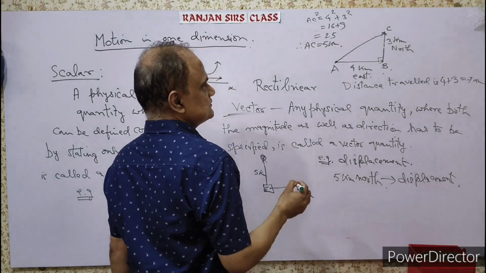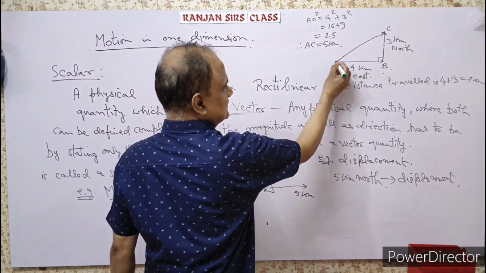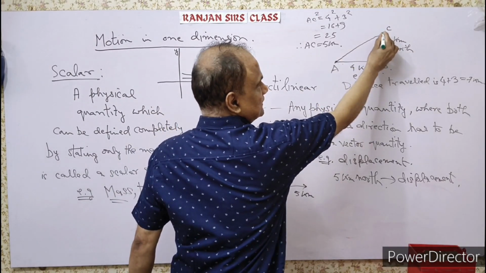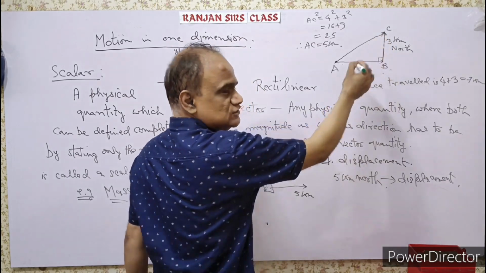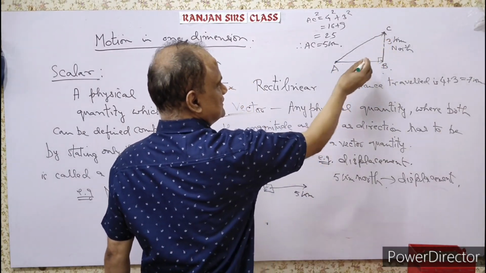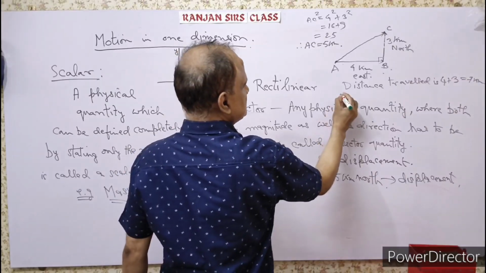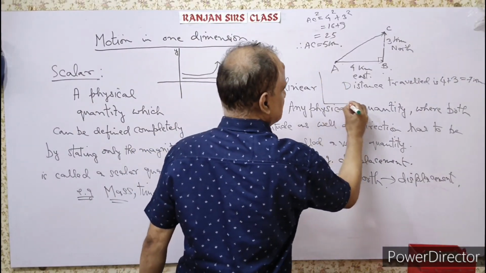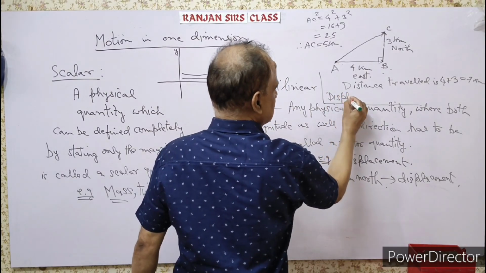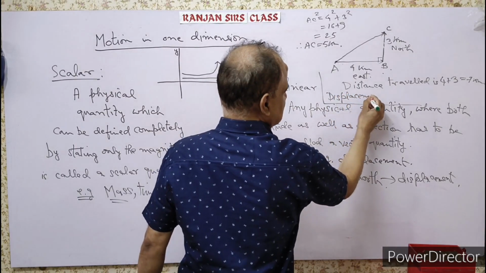So what is displacement? Displacement is the distance traveled between the initial and the final position in a straight line. That means, or else you can write, the shortest distance between the initial and final position is called the displacement. So what will be displacement? I am writing displacement here. Okay, so my displacement is what?